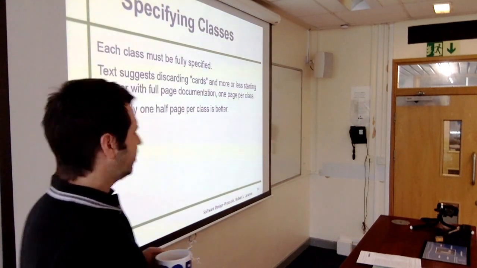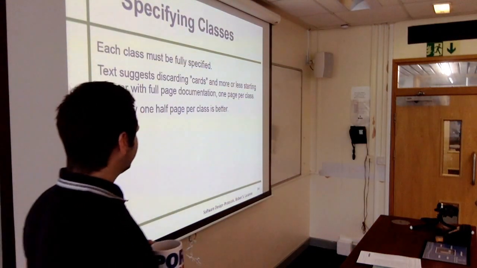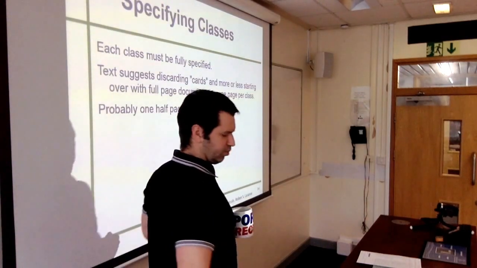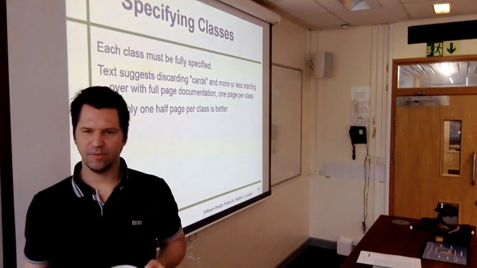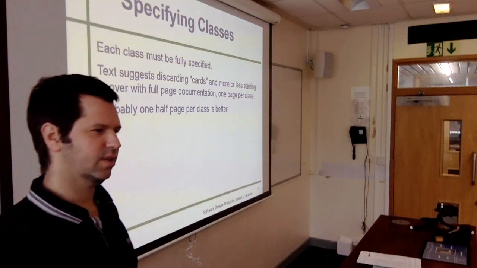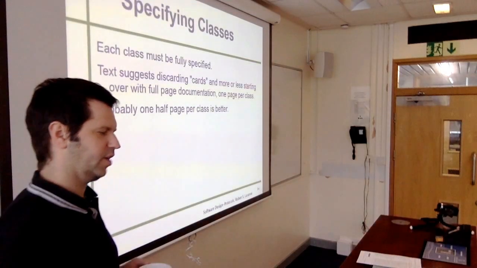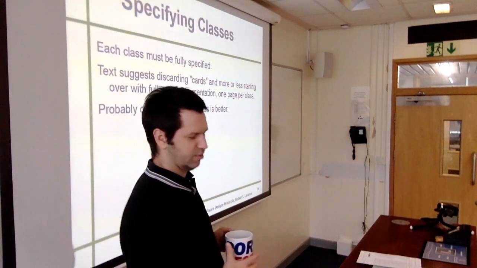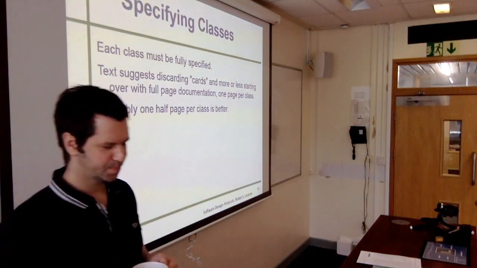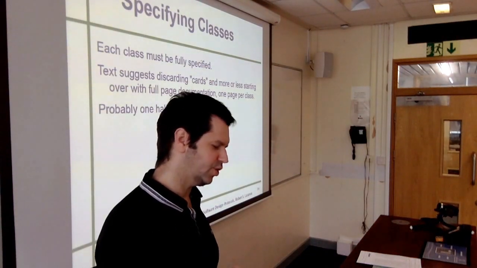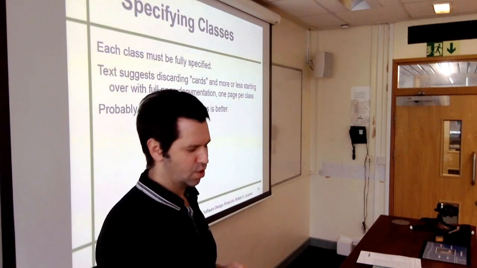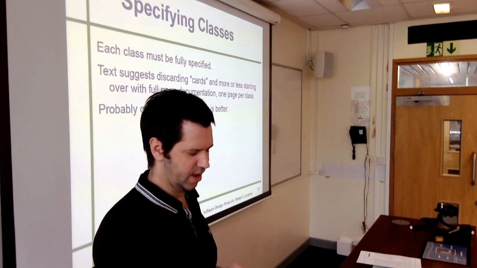Each class must be fully specified. In the textbook, they talk about getting rid of the class CRC cards, and then actually putting the information in a document. So each class could have its own page, or each class could occupy its own half of a page.